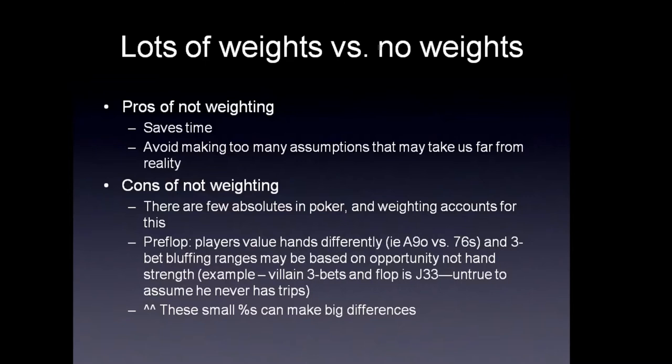Even if it's a small chance, if there's 1% chance that he 3-bets 3-2 suited, 4-3 suited, 5-3 suited, 6-3 suited, 7-3 suited, there's a 1% chance for each, well, that'll add up, and that'll be a considerable portion of his range that may have our ace-jack in just horrible shape. So we can't just assume that it's all or nothing. And like I said, those small percentages can make big difference when we're talking about nearly 100% equity.